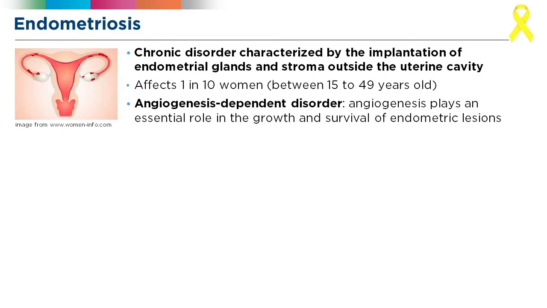Endometriosis is a chronic disorder that is characterized by the implantation of endometrial glands and stroma outside of the uterine cavity. And this disease affects 1 in 10 women on average in the world.